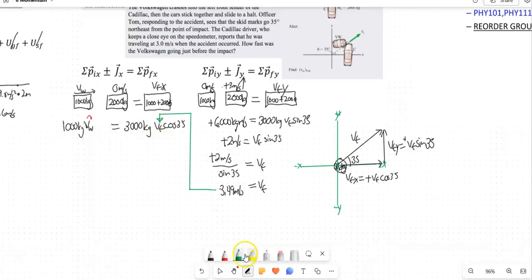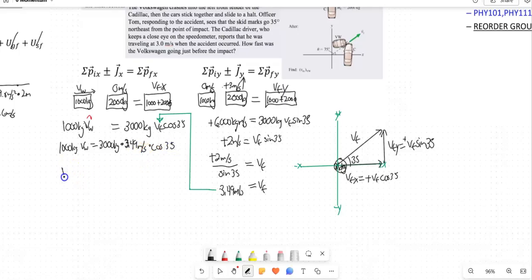Okay. So this is 1,000 kilograms VW, and that's equal to 3,000 kilograms times 3.49 meters per second times the cosine of 35 degrees.